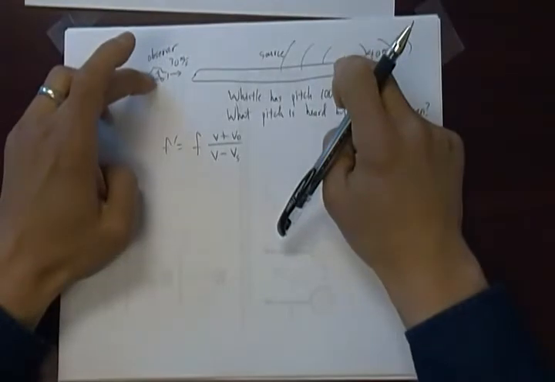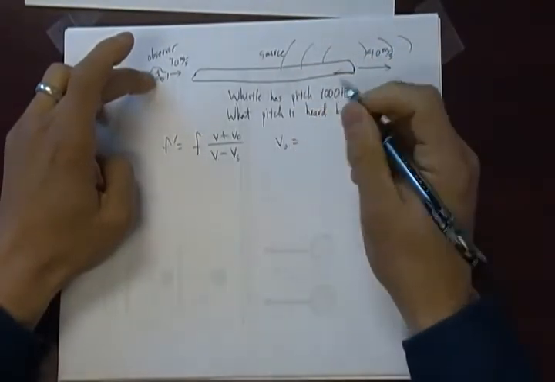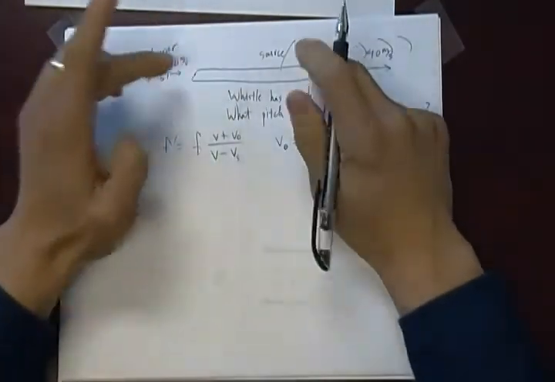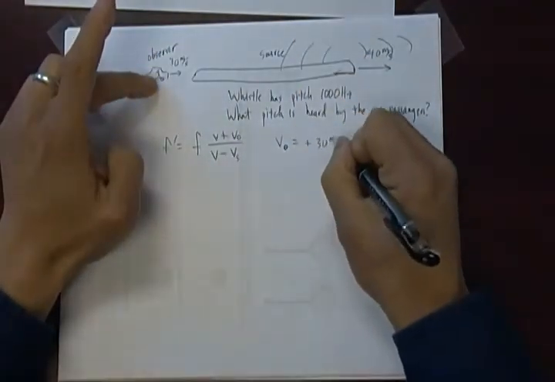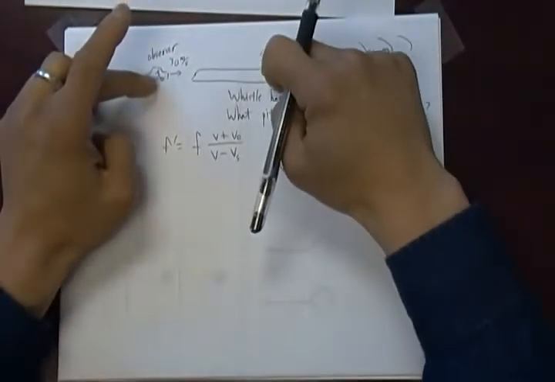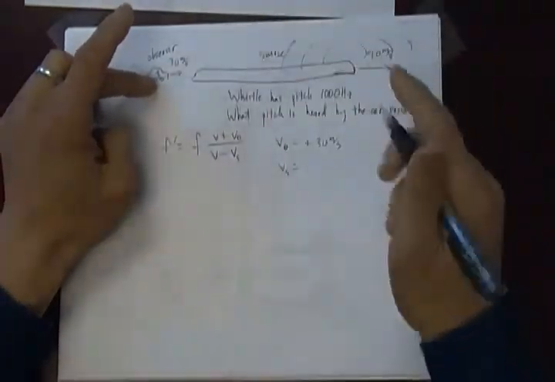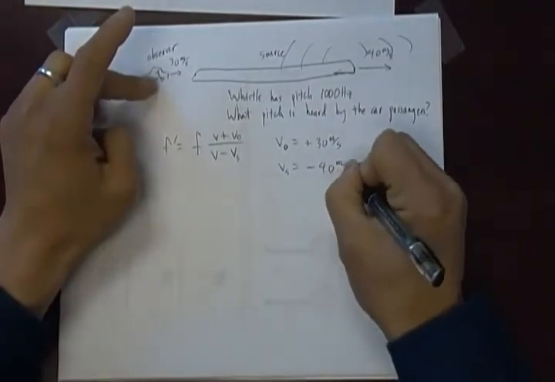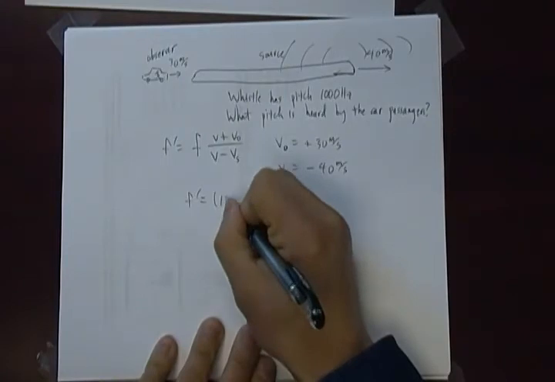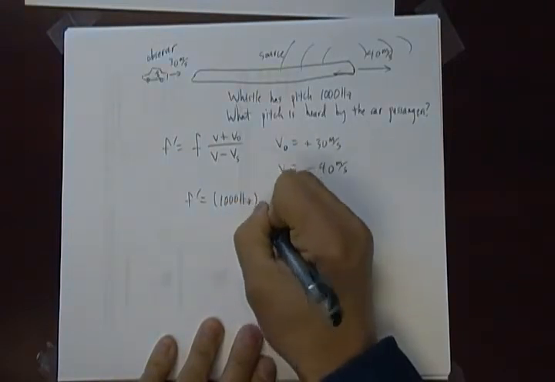Now the VO, that's for the observer. It's moving towards the source, so it's going to be positive 30 this time. And Vs, that's this guy. It's moving away from the observer, so it's going to be negative 40 meters per second. So in this case, we have F prime is equal to 1000 hertz.